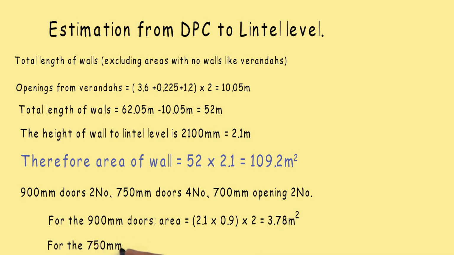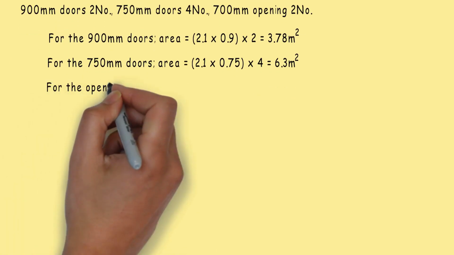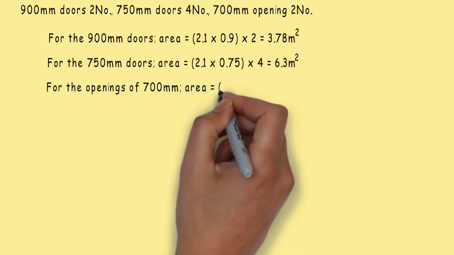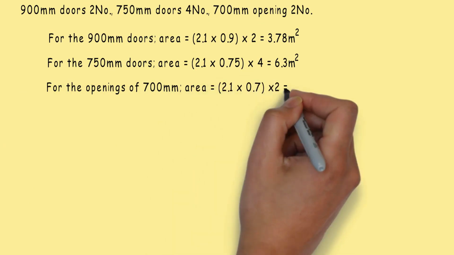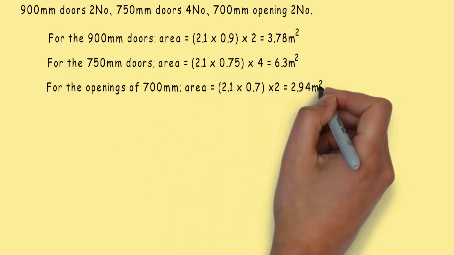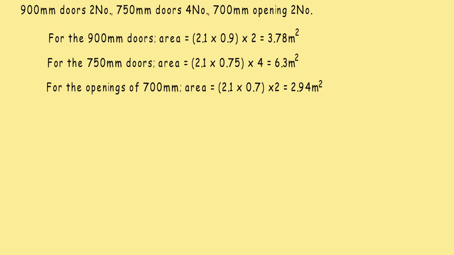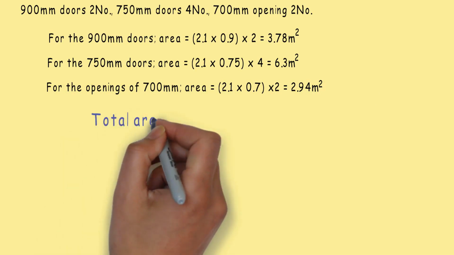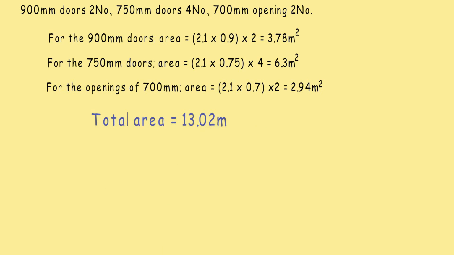For the 750 mm doors, area equals 2.1 multiplied by 0.75 times 4, which will give us 6.3 meters square. For the openings of 700 mm, area equals 2.1 times 0.7 multiplied by 2, which will give us 2.94 meters square. Total area will now be 13.02 meters square.